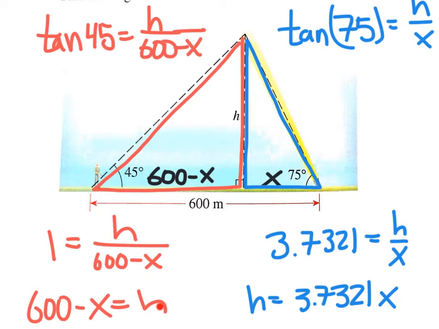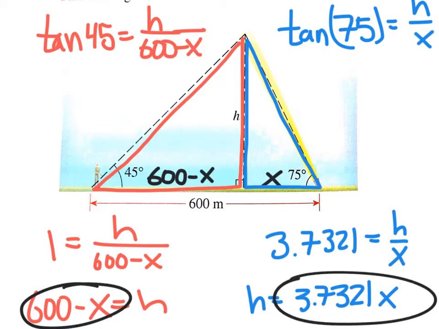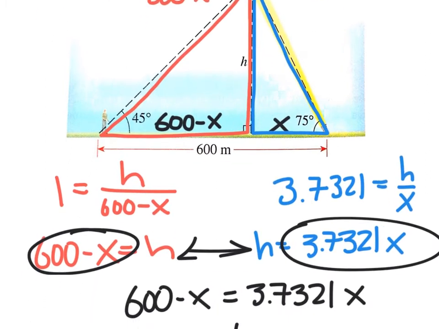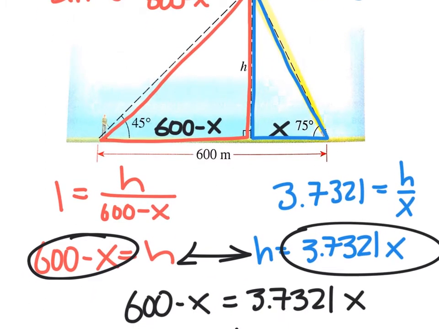So it's like substituting: because this equals this, and this equals this, then this equals this, if that makes any sense. So this equals this, because h equals itself. So this looks totally reasonable.